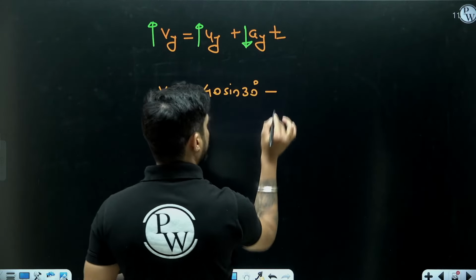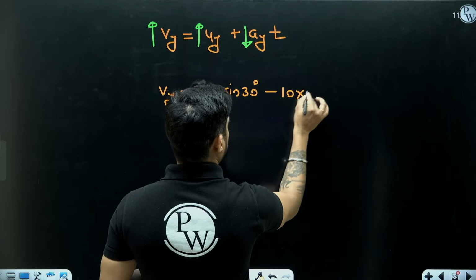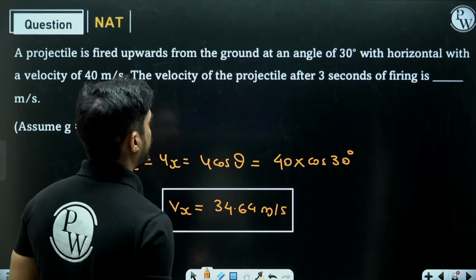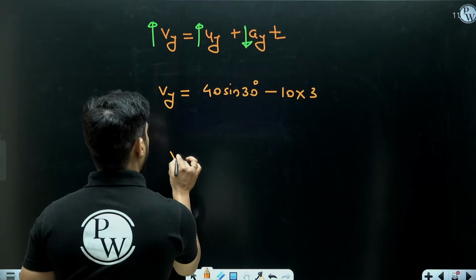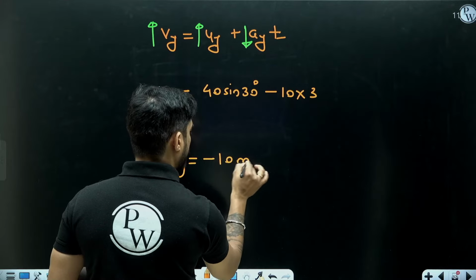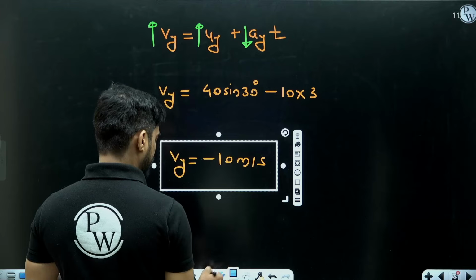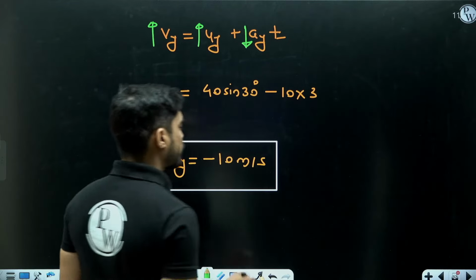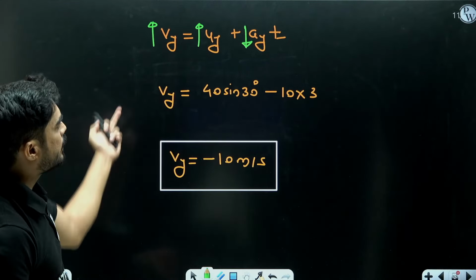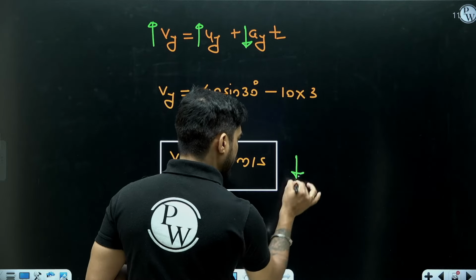This will become minus g, they have mentioned 10. And this is 3 seconds. So I am getting Vy equal to 20 minus 30, which is minus 10 meter per second. Now what does this mean? This means that my assumption is wrong. I assumed that it is going up and it is negative, so it is actually down.